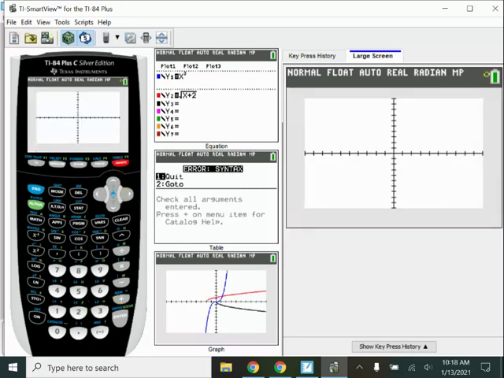And then I can look at the graph of that and see what I'm going to be dealing with. So there's the first one. There's the second one. And there's the third one.